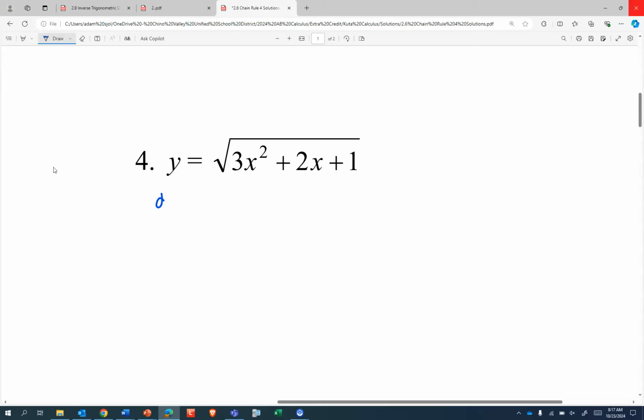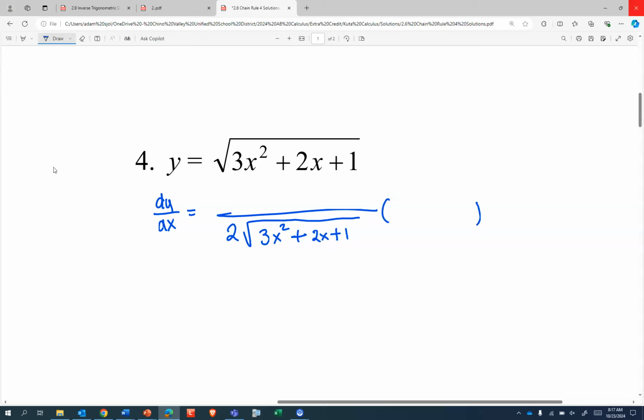All right, hopefully you have in fact memorized the derivative of the square root. Clearly the square root is the outermost thing. We have a chain rule, so I'm going to leave that numerator blank. Instead of writing 1, I'll just write my chain rule stuff up there. So the derivative of the square root of something is 1 over 2 times the square root of that something. That something is 3x squared plus 2x plus 1, which has a rate of change.